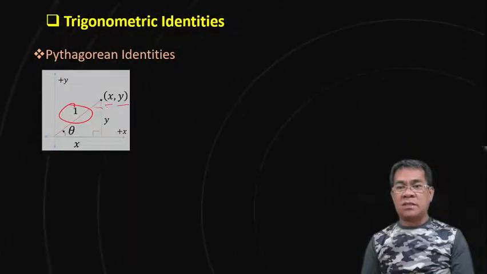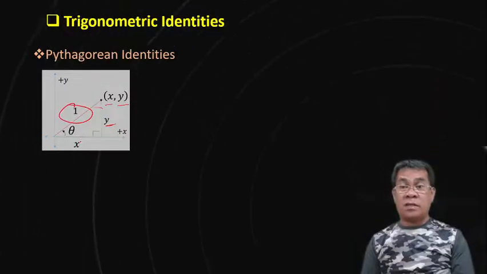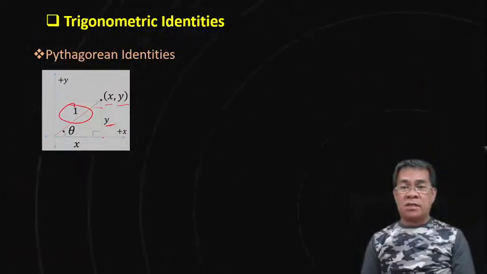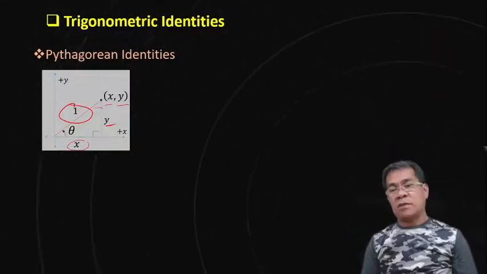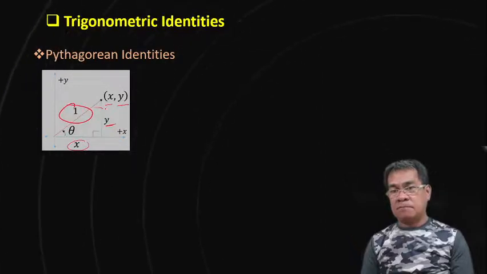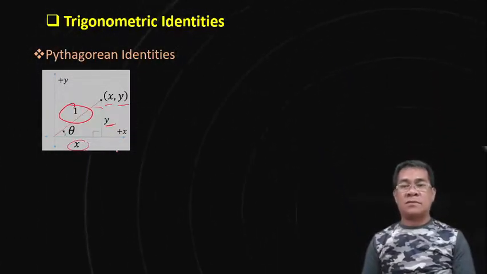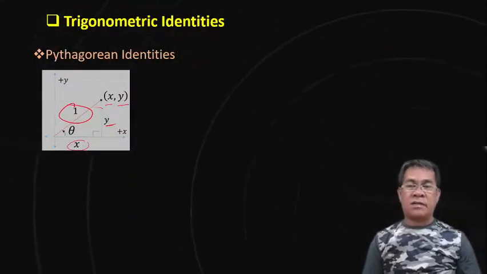If you drop a line from this point perpendicularly down to the x-axis, then that height is y. And the distance from the origin to the intersected line is the value of x, which means that we have this right triangle.